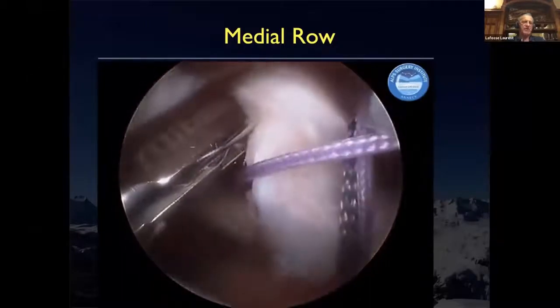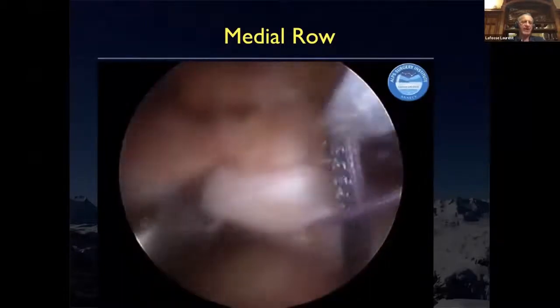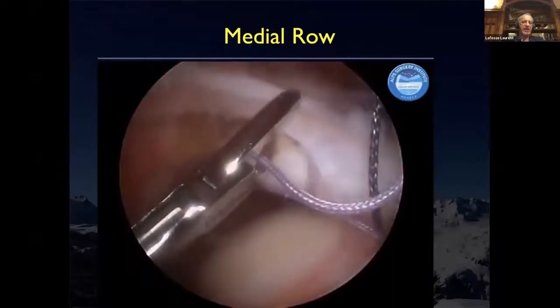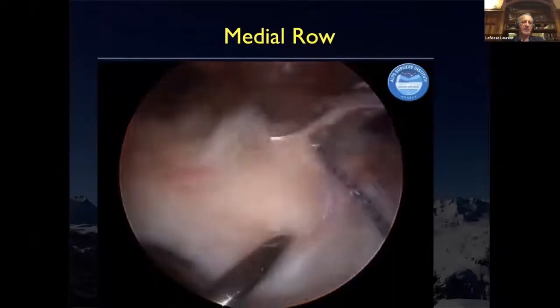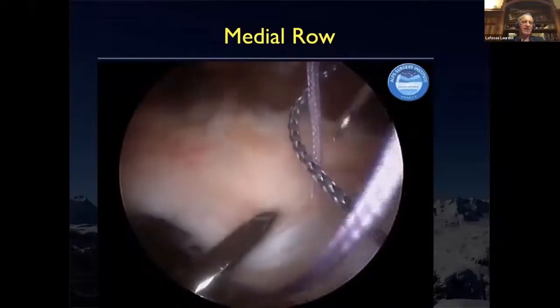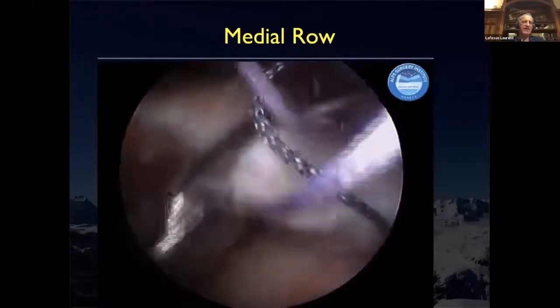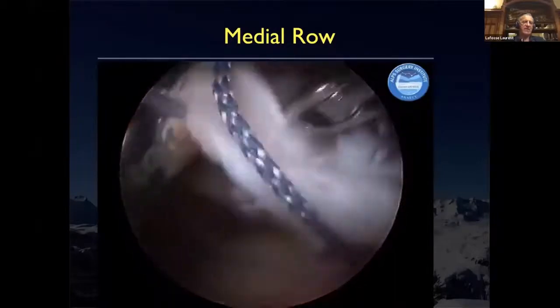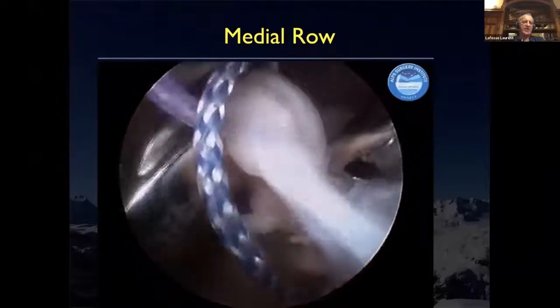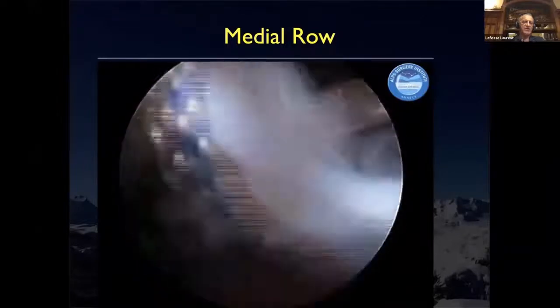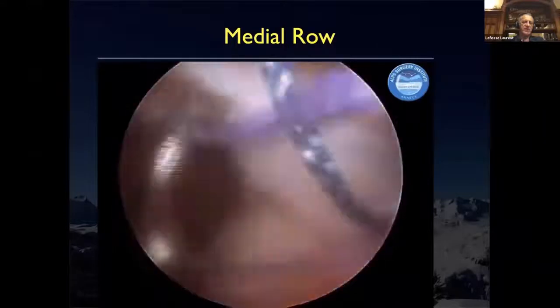So I do my single or my double lasso loop around the biceps, and then I pass this thread around the tendon of the supraspinatus in order to combine both tendons together on the same anchor and the same suture. That allows me to reinforce the anterior footprint of the supraspinatus.